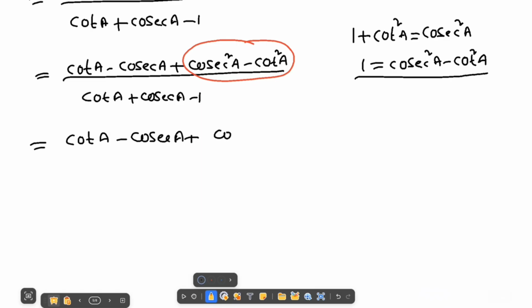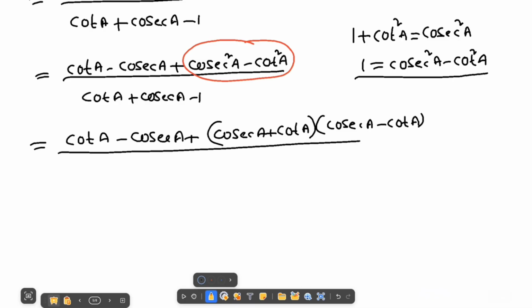A plus b means cosec A plus cot A, into cosec A minus cot A, whole by cot A plus cosec A minus 1.